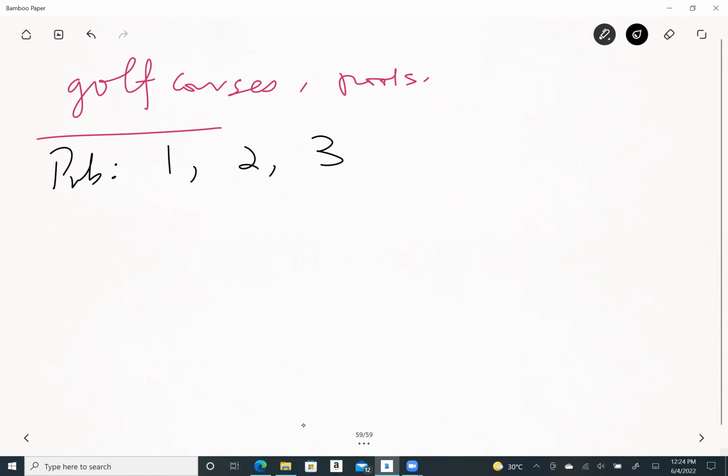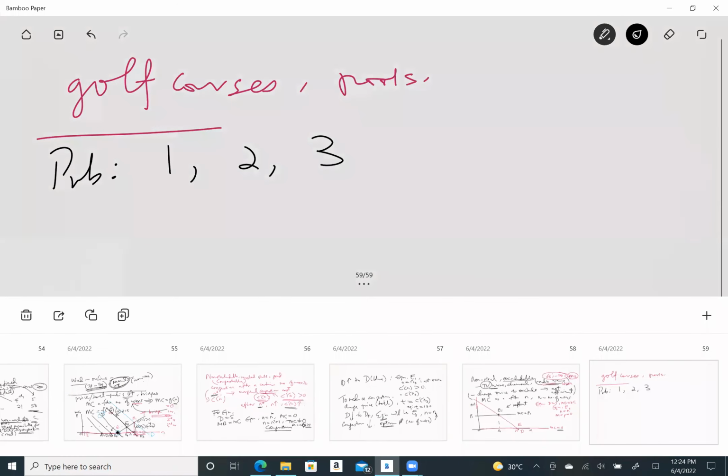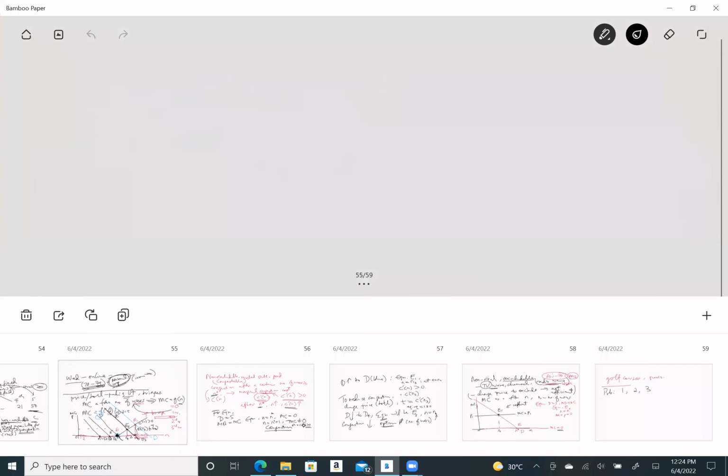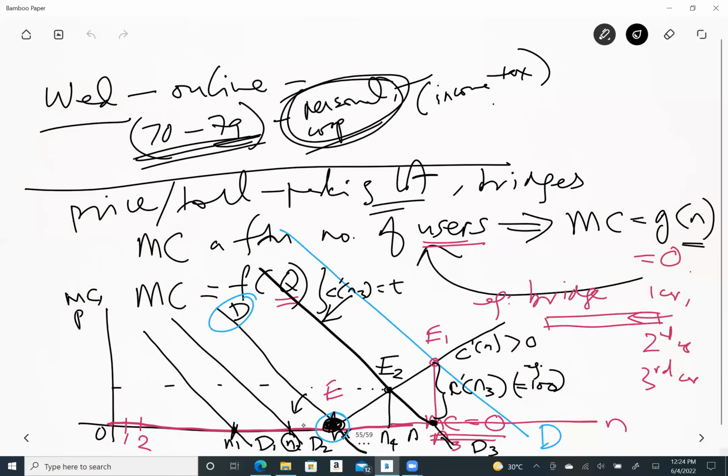You know what? Probably we can do this. Even though, to reduce the congestion, you charge a toll of 100 ringgit, due to the nature of the marginal cost, it is 0.